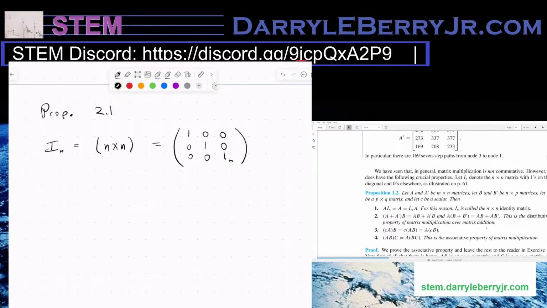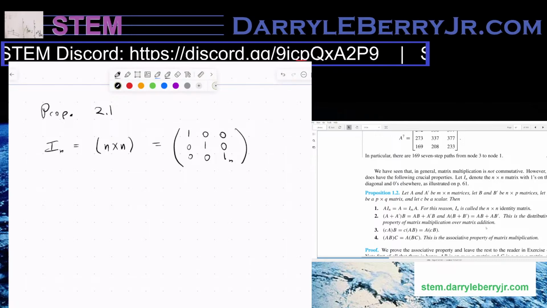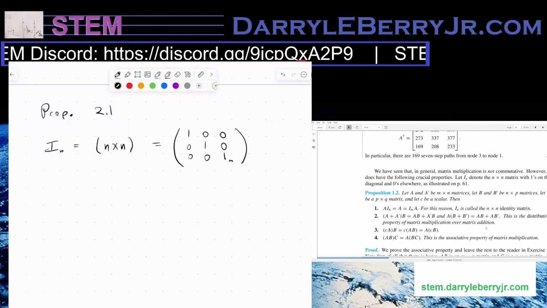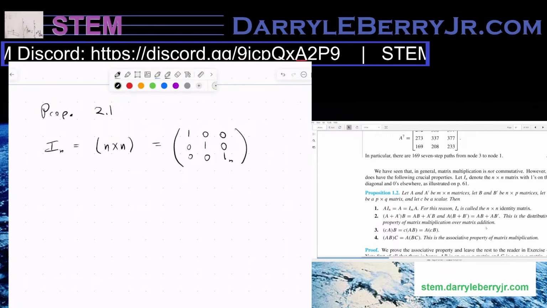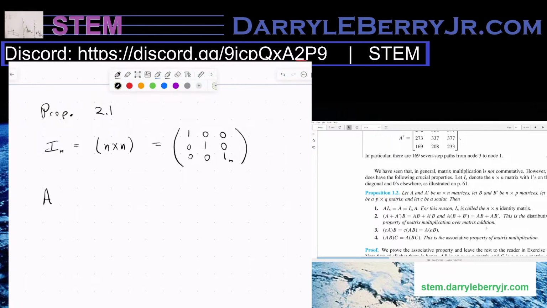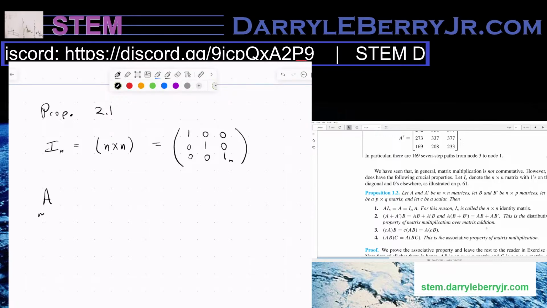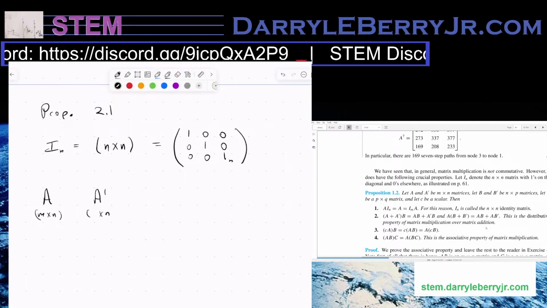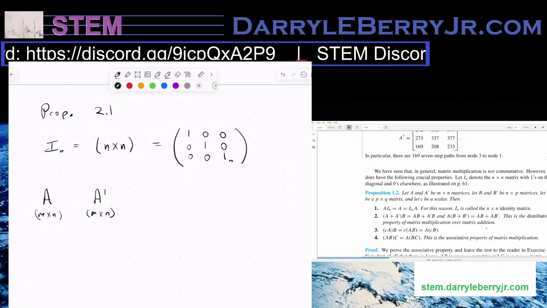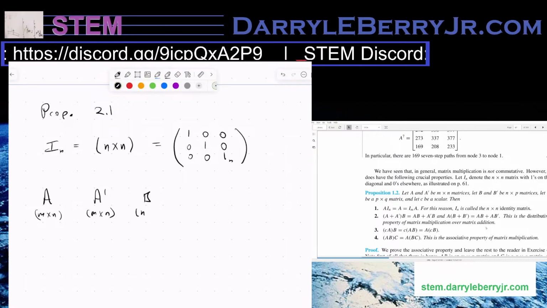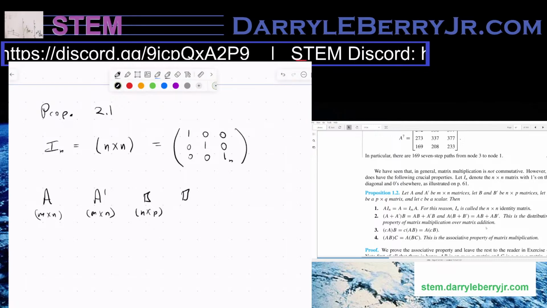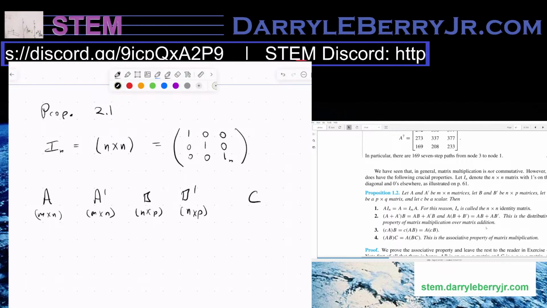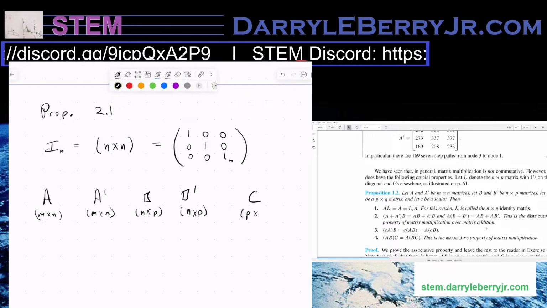Let A and A prime be m by n matrices. Let B and B prime be n by p matrices. Let C be a p by q matrix. Let c be a scalar. So A is m by n, A prime is m by n, B is n by p, B prime is n by p, C is p by q.